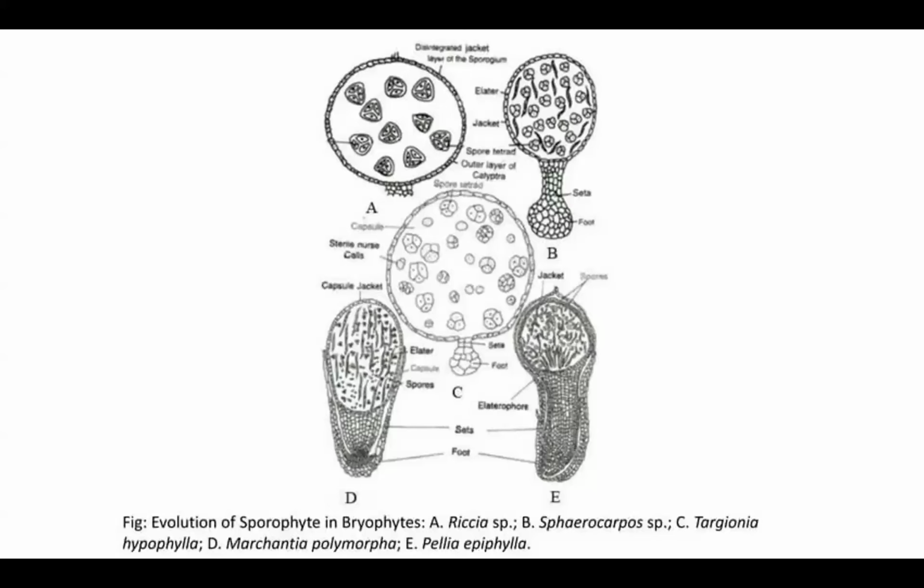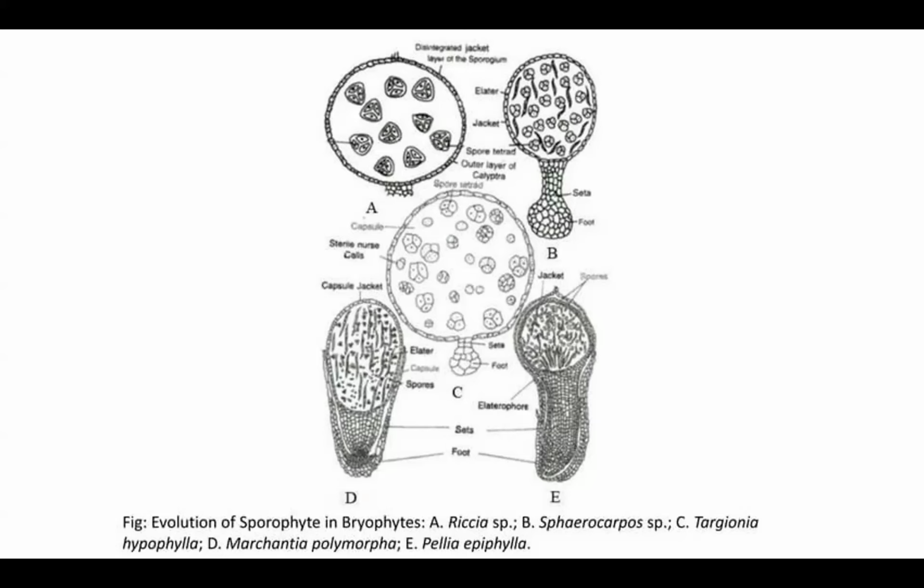Then C is Torchinia. There you are seeing the foot, a very, very small seta, and a capsule with a jacket wall, inside which are spore mother cells and some sterile cells. You can see there are nurse cells. D, Marchantia, which is somewhat developed.